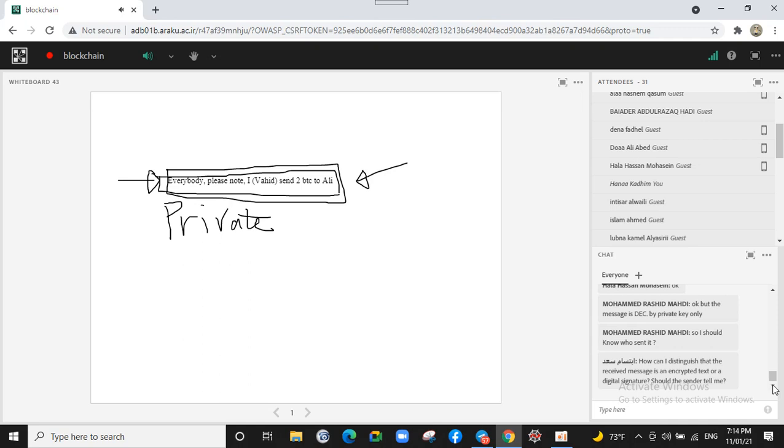In cryptocurrencies, in Bitcoin, please note, we just have digital signatures. We just have sign and verify.